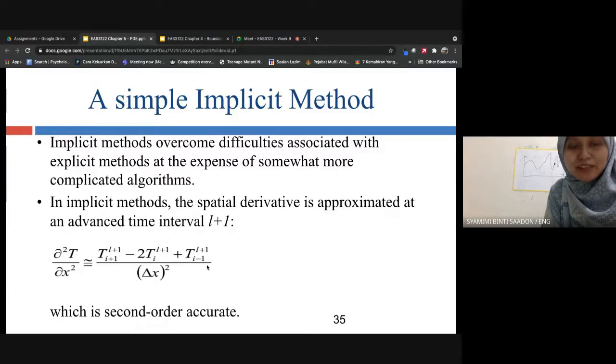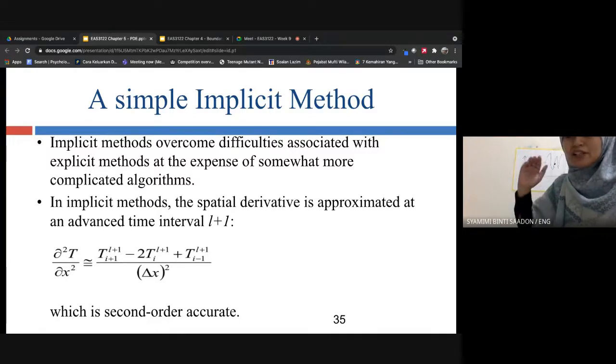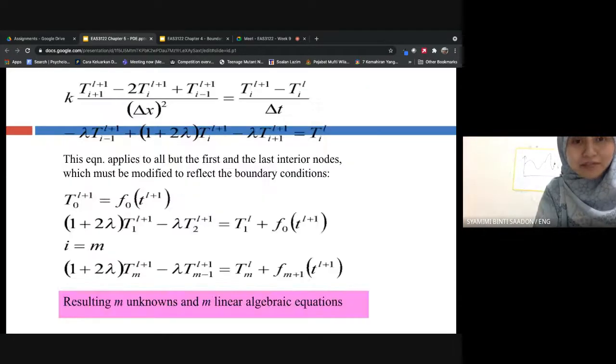Implicit method, we advance the time interval at point L plus 1. Just now in explicit we used the time L. Now we need calculation to calculate the temperature at time L plus 1 for implicit.